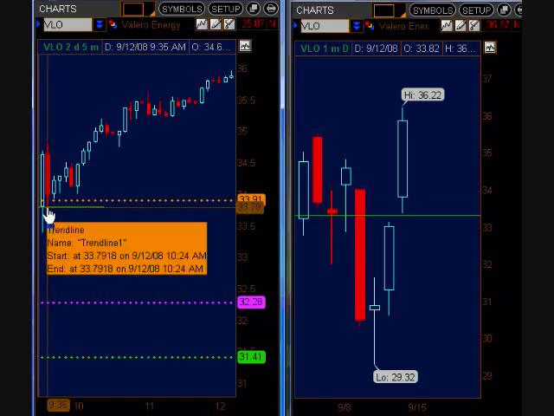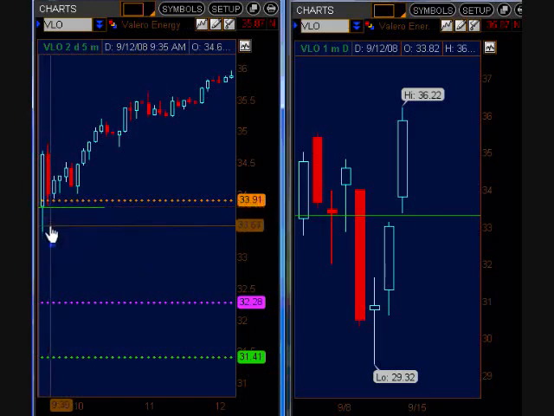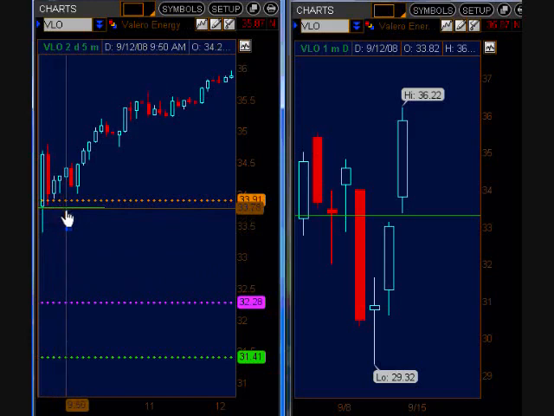She looked at it. She says, okay, the open is at 33.80. It came down, gyrated and came down. It got as low as 33.39. So I tell her to go to 33.30, 50-cent stop. 33.80 to 33.30 is 50 cents. So right in this area is the stop.